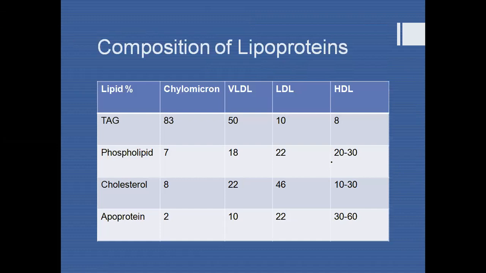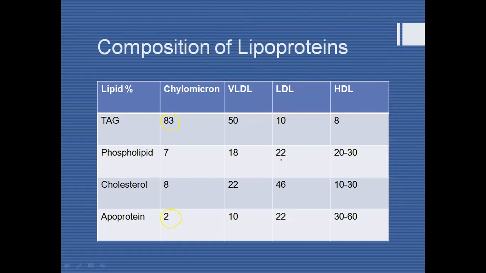So this is the composition of lipoprotein. You have to remember the approximate content of TG, cholesterol, as well as the protein part. If you apply logic, you can remember the table: in the case of chylomicron, you have to show the maximum percentage of triacylglycerol and the lowest percentage of protein.